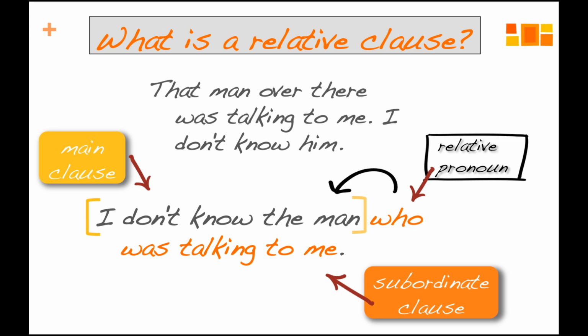Who was talking to me maybe is a question, but that's not the point here. So, take the main clause, and the main clause is I don't know the man. I don't know the man, full stop, can stand alone. Take it away, and the subordinate clause is left over, and your subordinate clause cannot stand alone. It's then grammatically not correct anymore, and that makes it the subordinate clause.